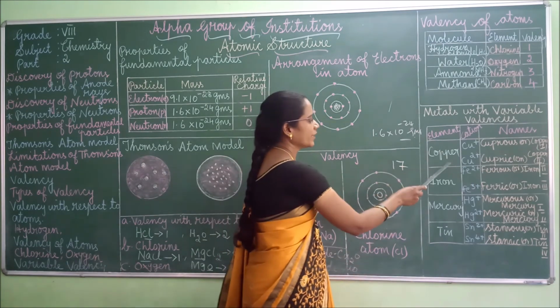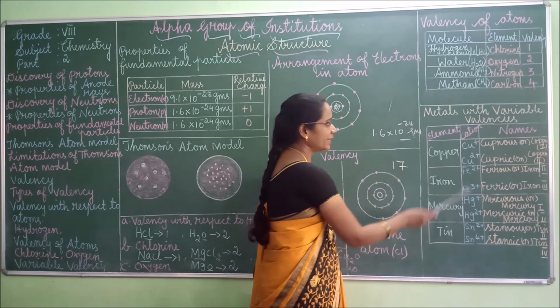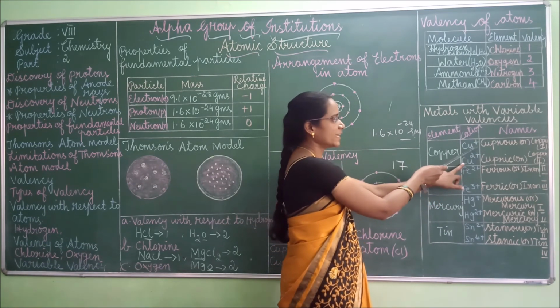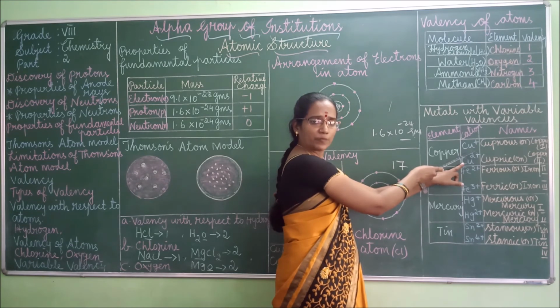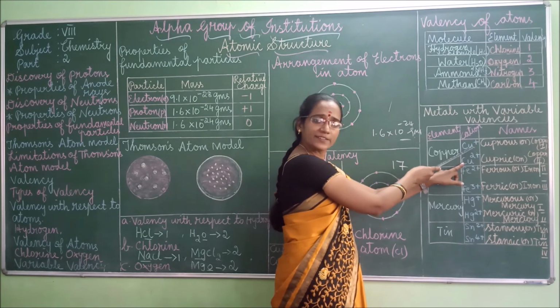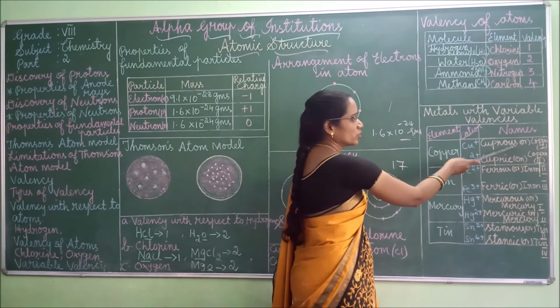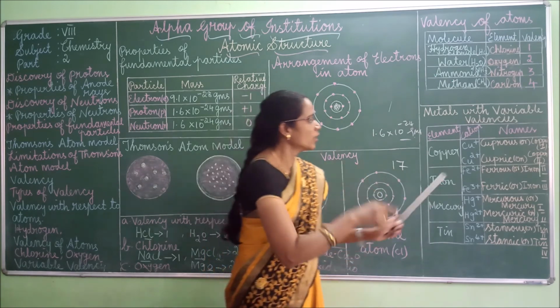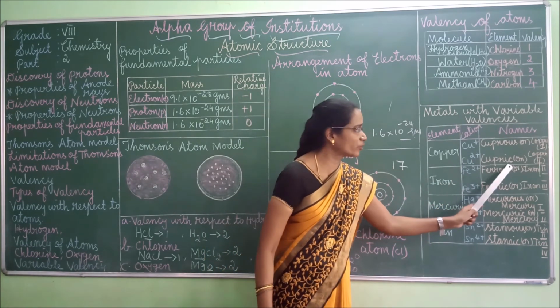So what are the elements? Copper, iron, mercury, tin. You will be getting Cu+ as well as Cu2+. In Cu+ the valency is low, that is only one valency, so you have to add the suffix OUS at the end of the name of the metal. Whereas if valency is high you have to add IC.